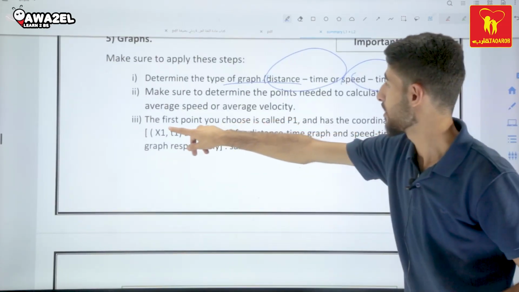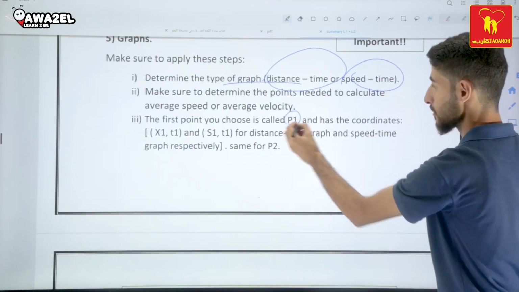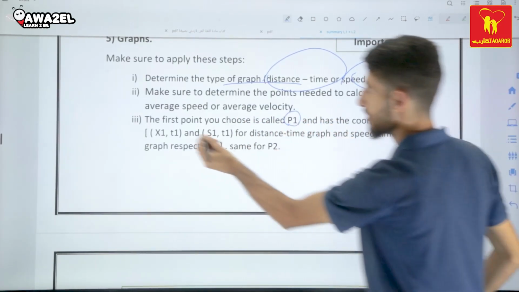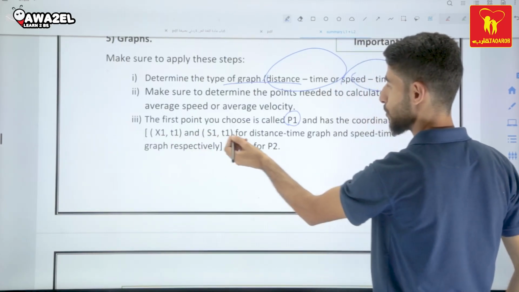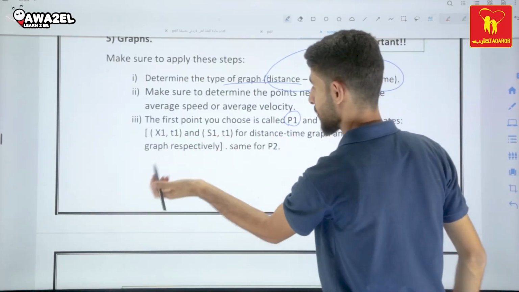Third, the first point you choose is called P1 and has the coordinates d1, t1 and s1, t1 for the distance-time graph and speed-time graph respectively.